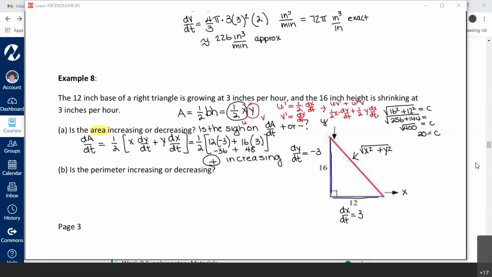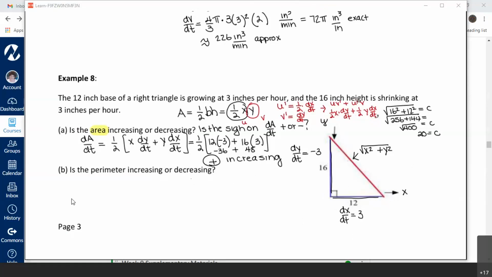They're not asking me how fast it's increasing or decreasing, but I know it's increasing, because it's a positive value. Does that make sense to people? I'm trying to put a summary in the chat. Positive dA/dt means the area of the triangle is getting bigger.